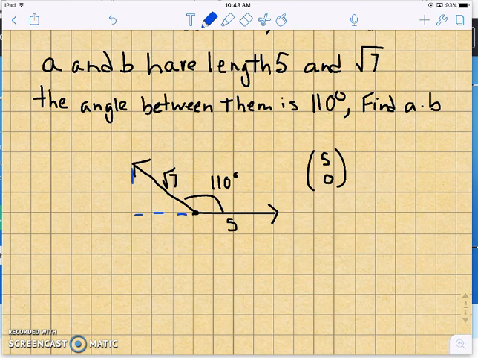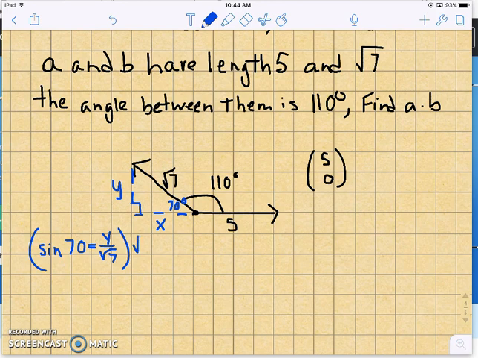So we have x and y. Well, that's a right triangle right here, and if that's 110, this would be 70 degrees. So we could set up some trig functions. Opposite is y, over the hypotenuse. So the sine of 70 equals y over the square root of 7.